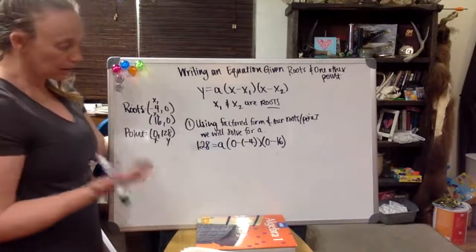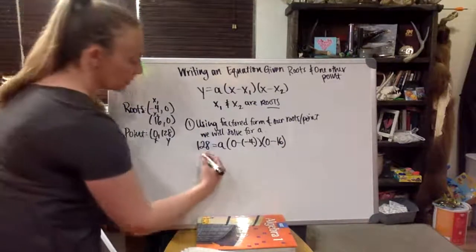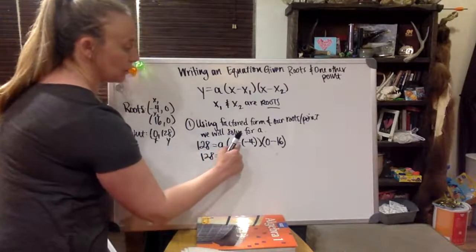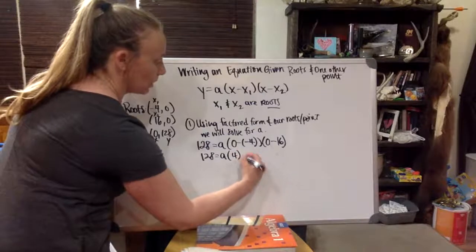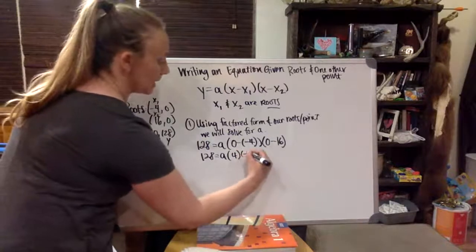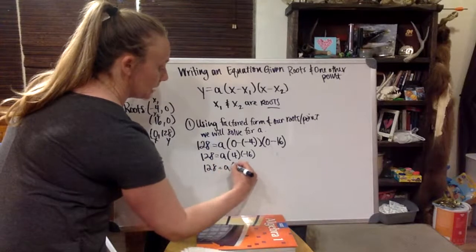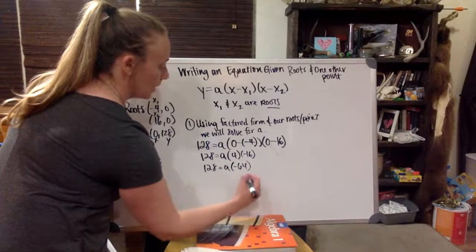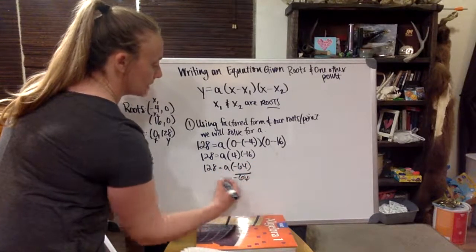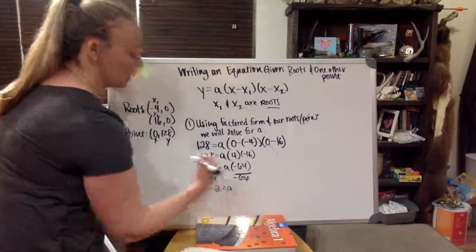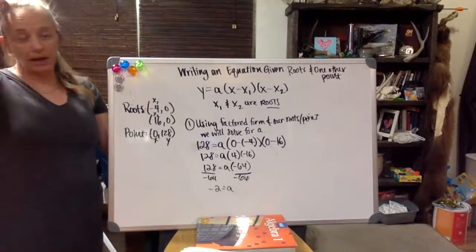Simplifying: 0 minus -4 is +4, and 0 minus 16 is -16. So I get 128 equals A times -64, divided by -64 on both sides, -2 equals A. Done. Created my A value.